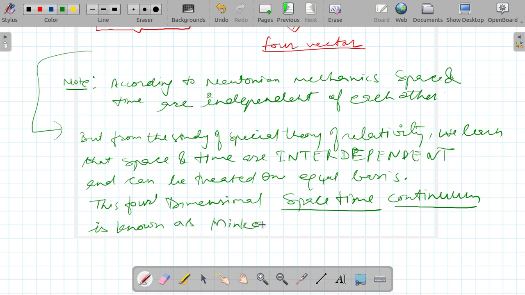Why is it called Minkowski space? Because Einstein is a student of Hermann Minkowski, and he suggested that this theory of relativity is best understood if we take a four-dimensional space. That's why it is known as Minkowski space.